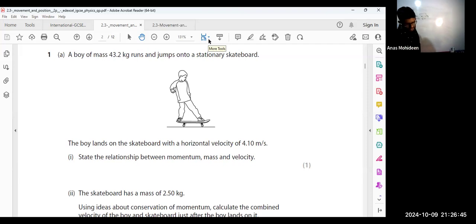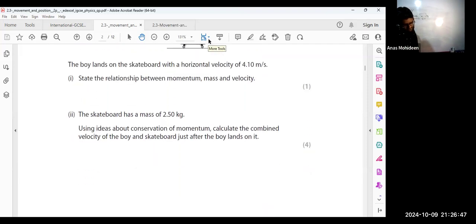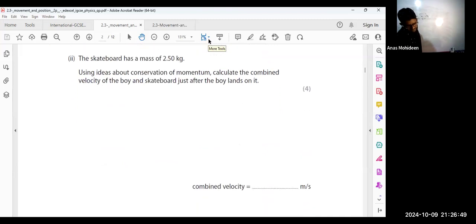Using ideas about conservation of momentum, calculate the combined velocity of the boy and skateboard just after the boy lands on it. That means after the collision, once the boy lands on, you have to find out the final velocity.